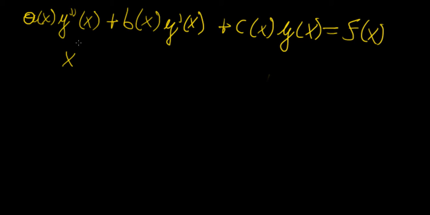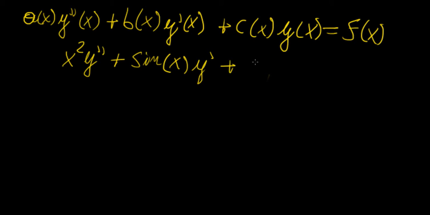So just to give you an example of what this might look like, we may get something like this: plus sine of x y' plus 3xy equals x squared plus 1. So this is an example of the most general case you can have for a linear second order differential equation.